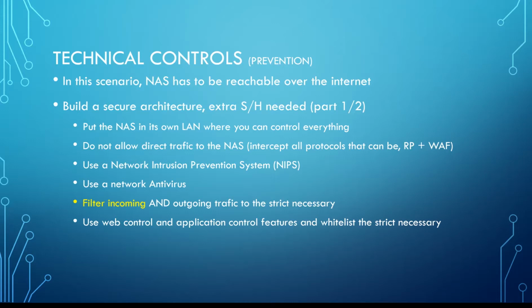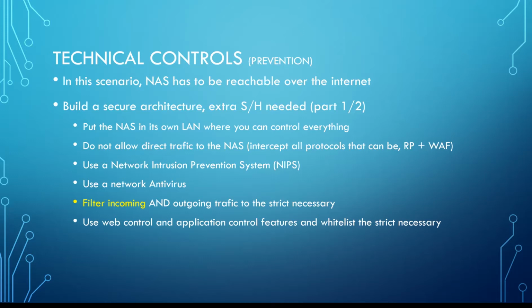You have to use a network intrusion prevention system, use a network antivirus, and filter incoming and outgoing traffic to the strict necessary. If you don't need a port, you close the port. You are going to see some examples of what I'm talking about in the last slides.